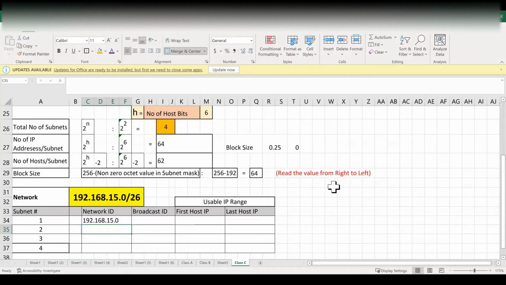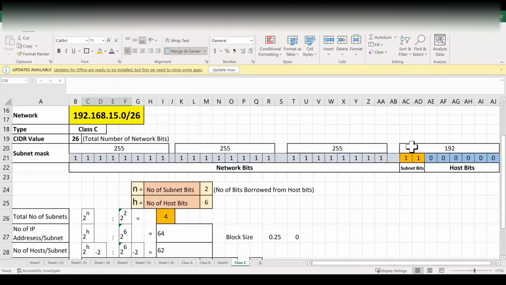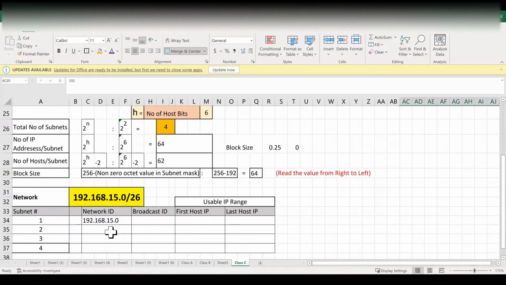So we should see in the subnet mask. This is our first non-zero octet, that is the 4th octet. So we should add this block size 64 in the 4th octet. We will get this value 192.168.15.64. The same way we have to add this block size 64 in the 4th octet, so we will get these values as network ID for remaining subnets.